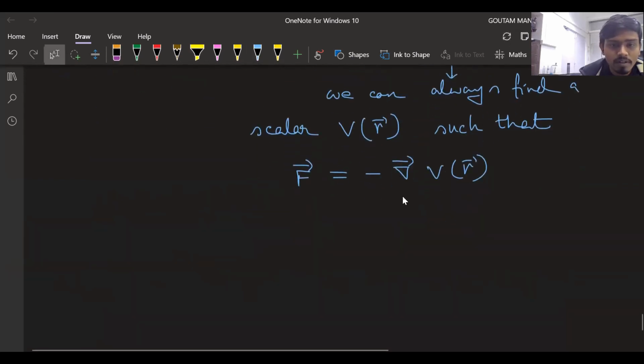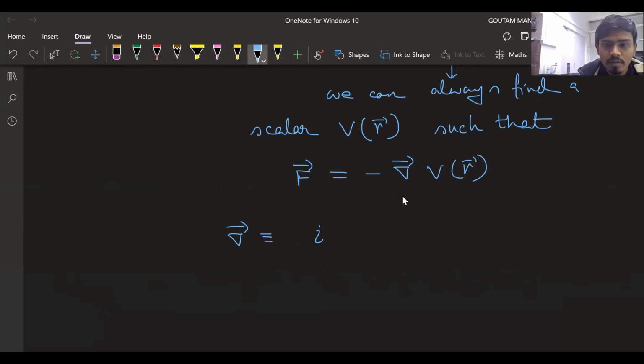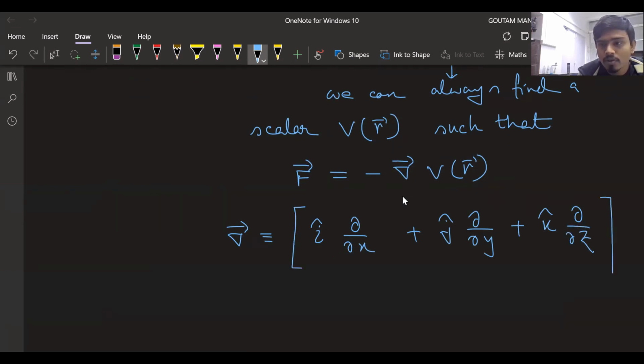And the gradient is defined, in Cartesian coordinates, as i hat del/del x plus j hat del/del y plus k hat del/del z. It's an operator. This is how it is defined.